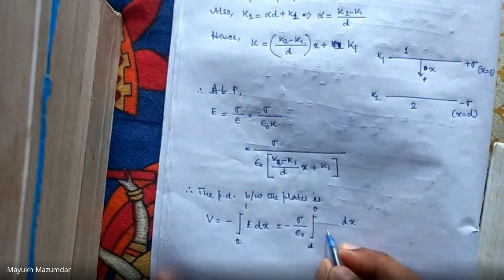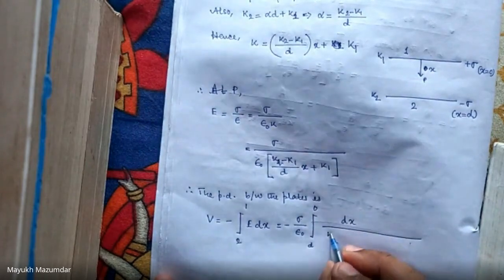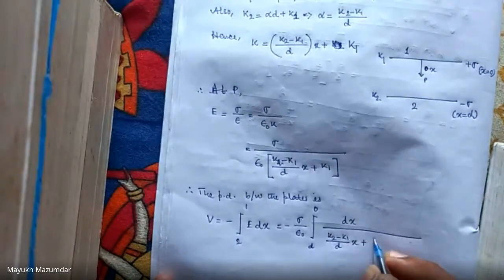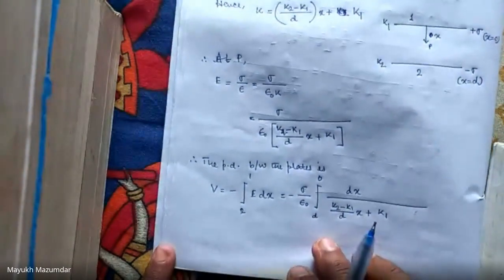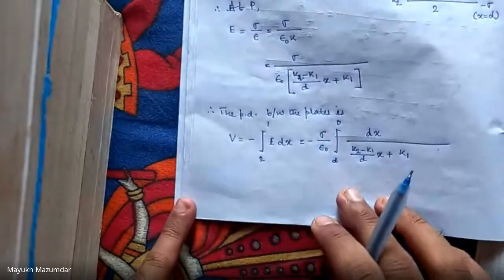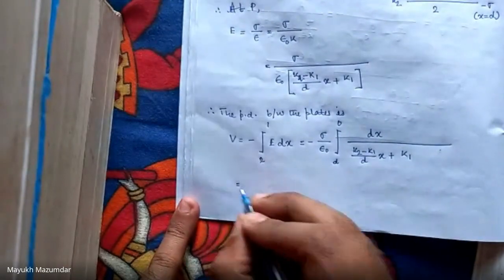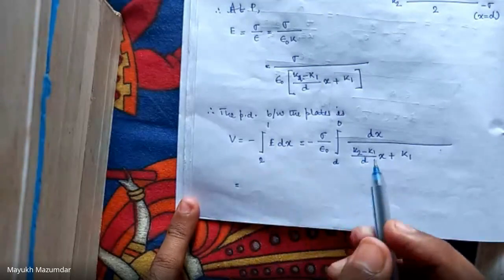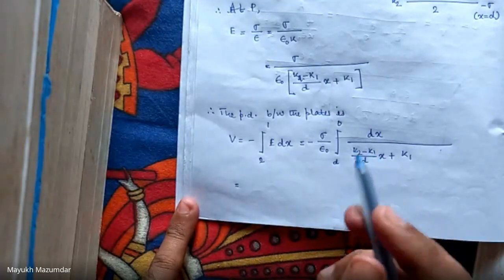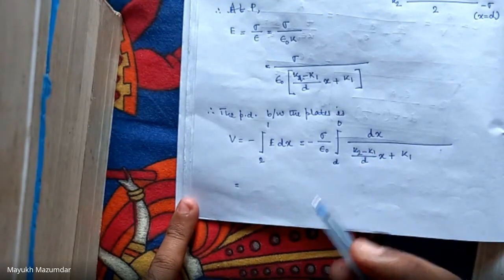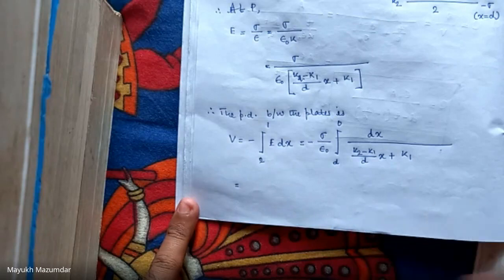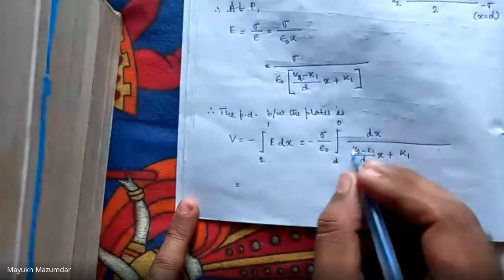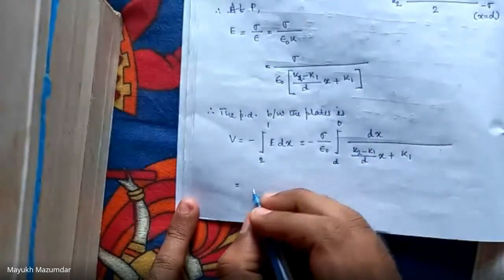Put the value as E1. So if you remember the formula, integration dx by ax is equal to 1 by a ln x by a. That is the formula. So here a is what? The coefficient of x.